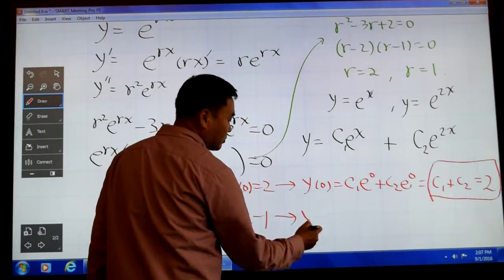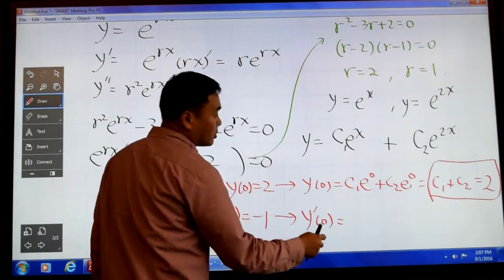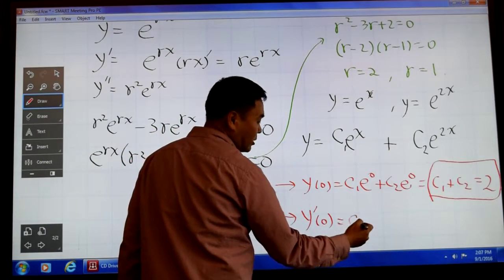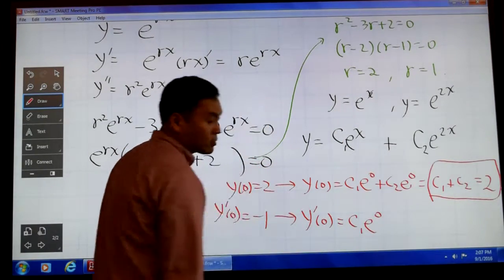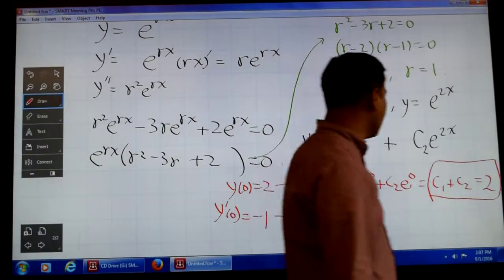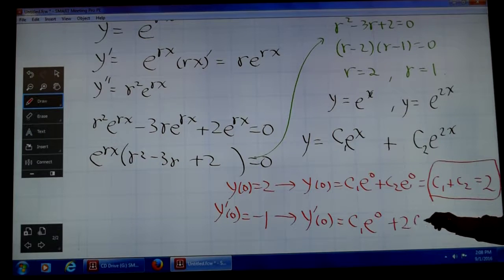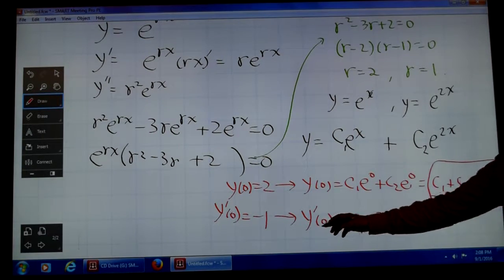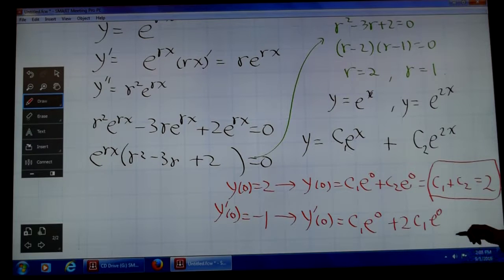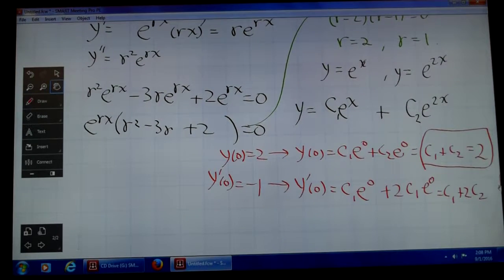But what's y prime? e to the x differentiates to e to the x, right? So that doesn't change. What do you get if you differentiate this? e to the 2x. 2 comes down, right? So you have twice c2 e to the 2x, but then you're plugging in 0 into x, so you put 0 here. So you get c1 plus 2c2, and that has to equal negative 1.